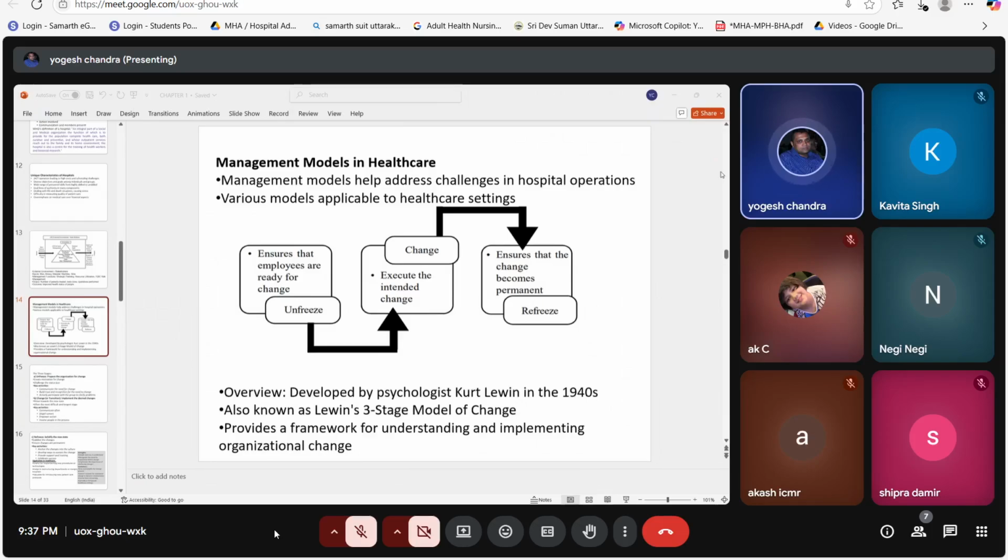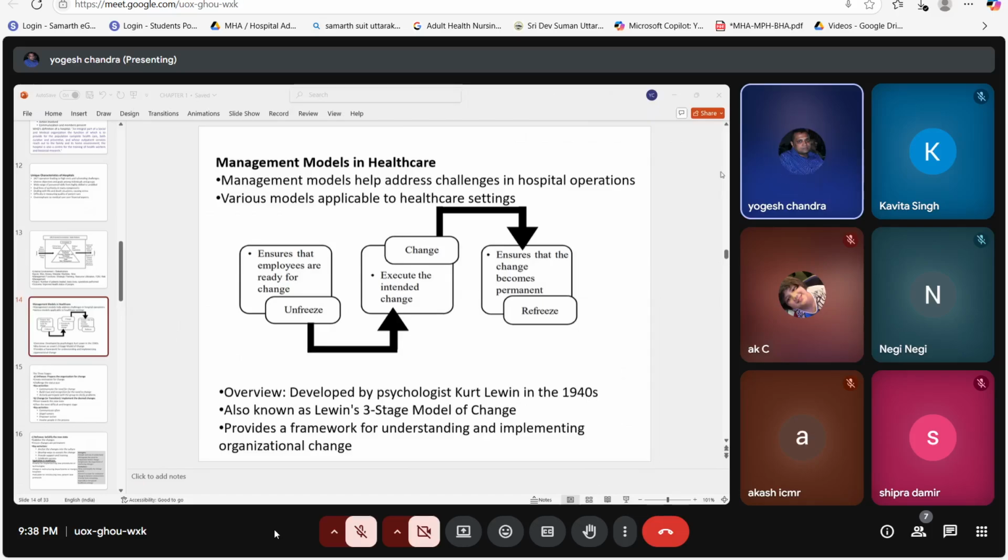The first step, what I have told you, is unfreeze. Unfreeze means prepare for change. If somebody can tell, prepare for change, what do you think? What do you suggest for implementing an electronic health record? How do you start this phase?